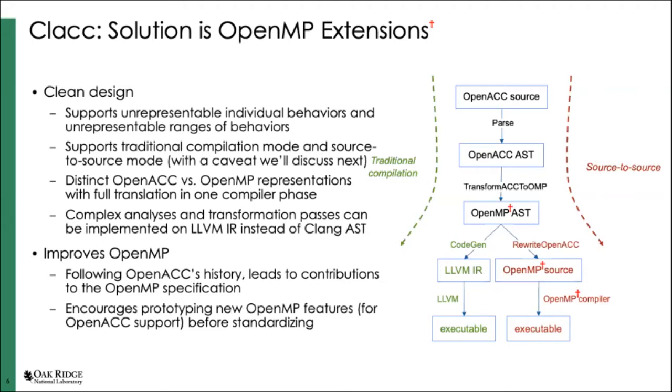They enable the compiler to fully transition from the OpenACC representation to the OpenMP representation in one compiler phase, never finding itself in some sort of mixed, partially translated form. And as is the norm in the LLVM ecosystem, complex analyses and transformation passes can be implemented at the level of LLVM rather than at the Clang AST level. Another advantage is that this approach follows OpenACC history by encouraging contributions to the OpenMP specification.